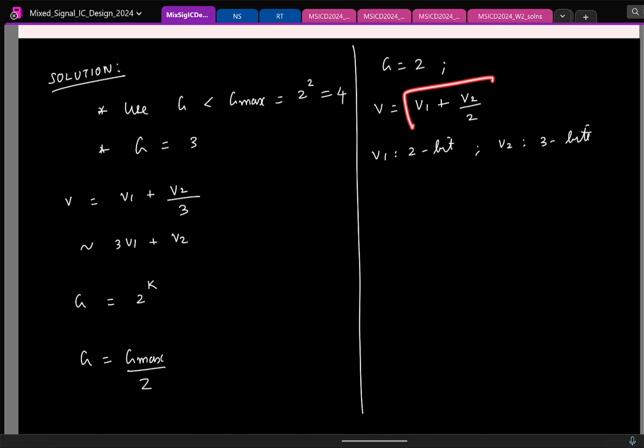So when I do this, at the output I will have the input plus, what will happen to the quantization noise of the first stage? That will get cancelled. So what will remain? Q2 by 2. So what will be the effective resolution? I mean, the Q2 corresponds to 3 bits of resolution. Q2 by 2 is 3 plus 1, that is 4 bits.